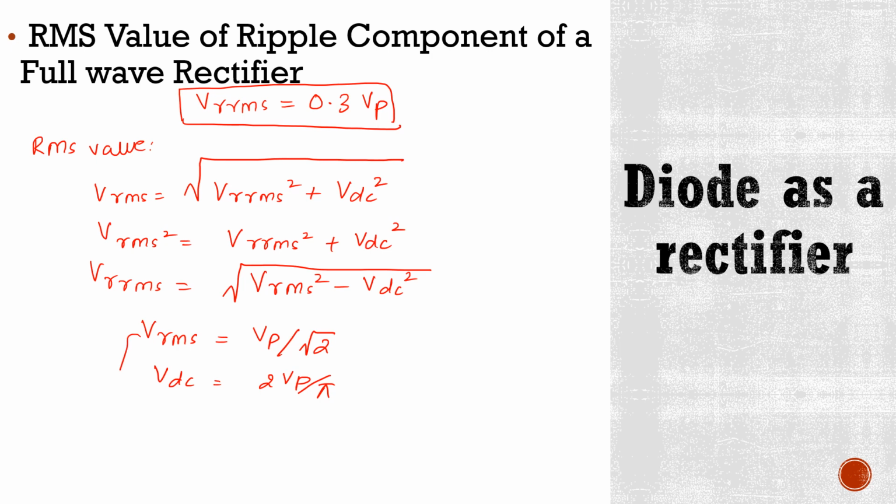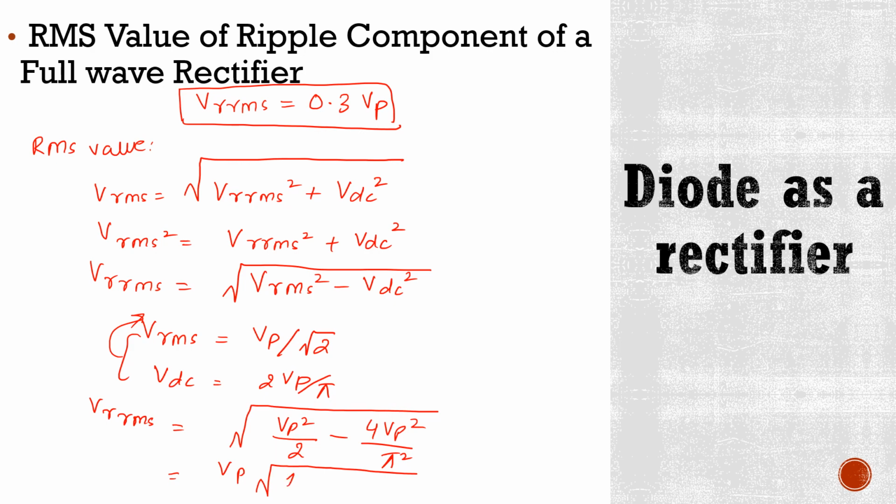Now if we put these values in this equation, we get Vr,rms is equal to square root of Vp square divided by 2 minus 4Vp square divided by pi square, and since this Vp square is common, we take it out of this root, and now we get 1 by 2 minus 4 by pi square, and after solving this term we will get Vp multiplied by 0.3.